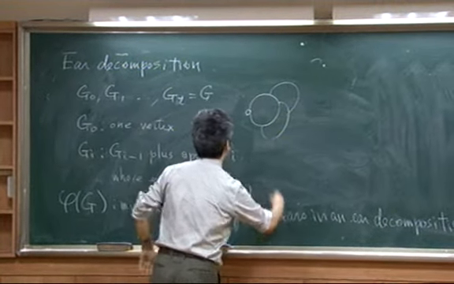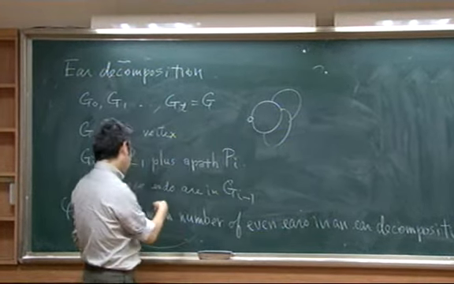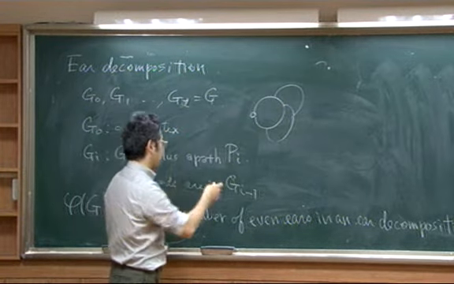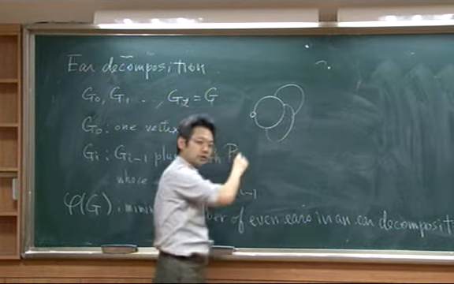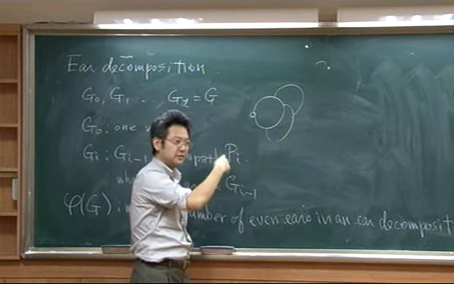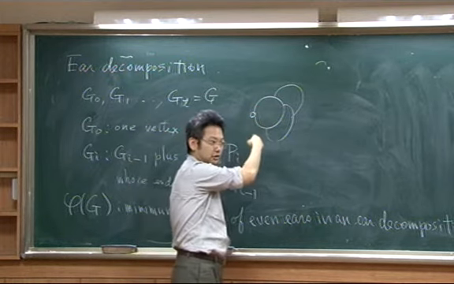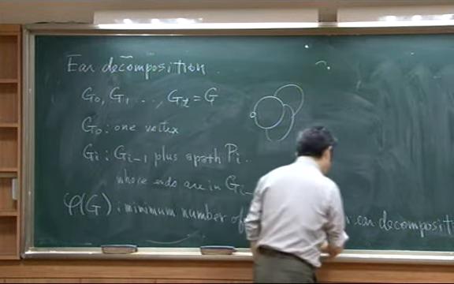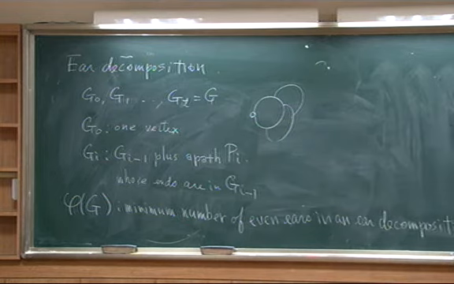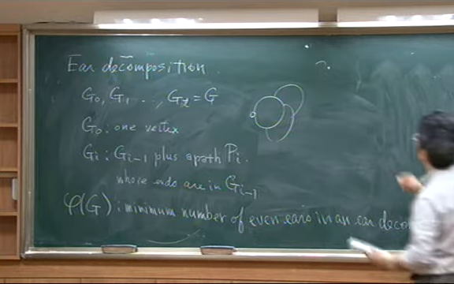Here, I want each path to be of odd length, that means the number of edges is odd. So phi(G) is the minimum of that.